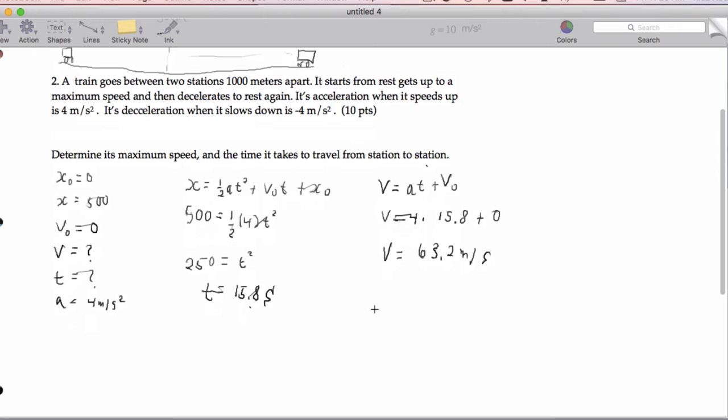With that in mind, we can then say the t for the second half is v equals at plus v naught, and that's going to be 0 equals negative 4t plus 63.2, which is how we get the time for the second half as 15.8 as well.